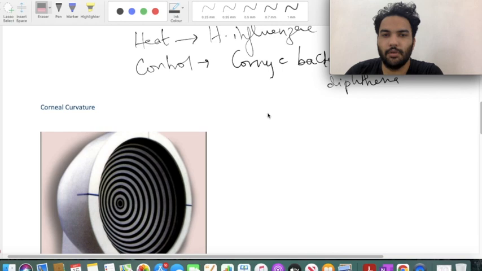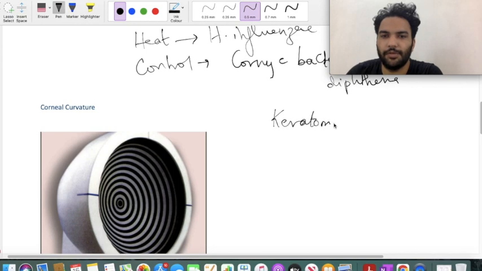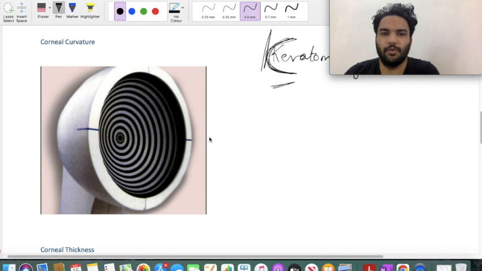First, about corneal curvature. There is a machine called keratometry. I remember it as C, for corneal curvature. What instrument we use here is called Placido's disc.